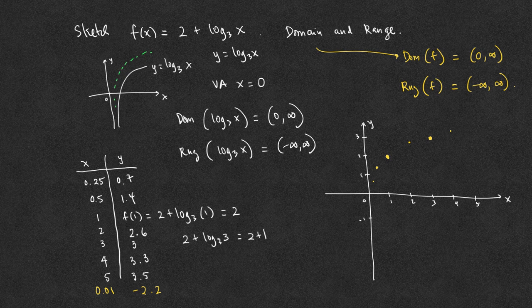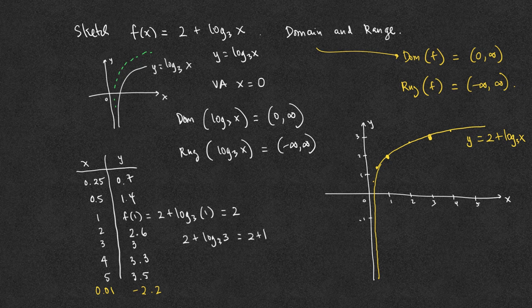But that is why we have the vertical asymptote. Keep in mind that the vertical asymptote is x equals 0. We will connect these points and form a smooth curve. The graph should stay close to the vertical asymptote x equals 0. This is the graph of y equals 2 plus log base 3 of x.